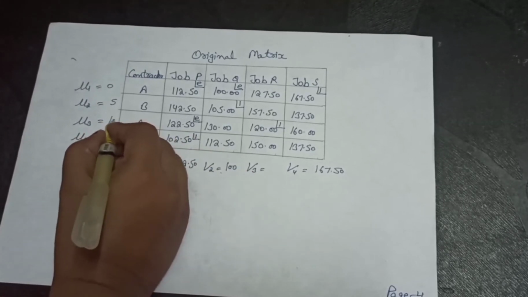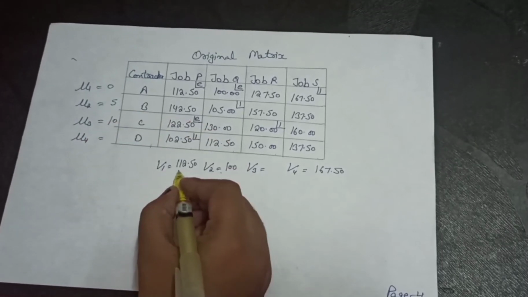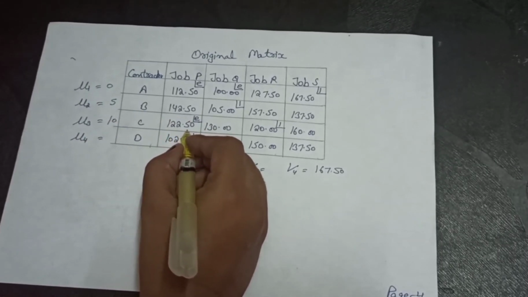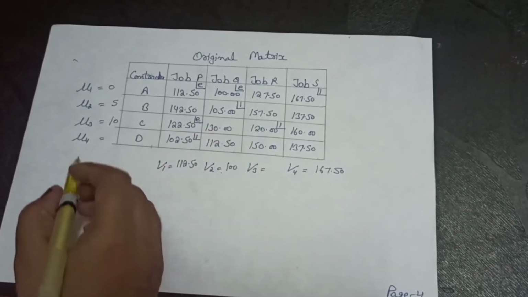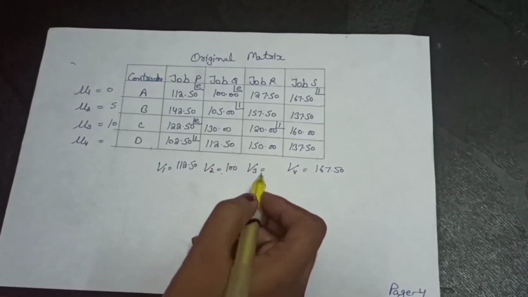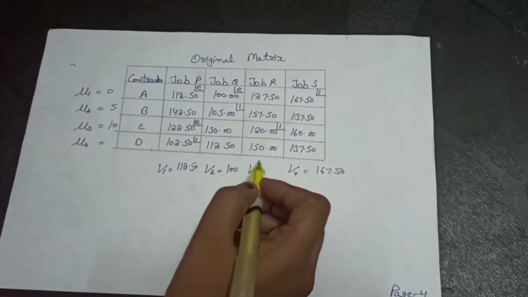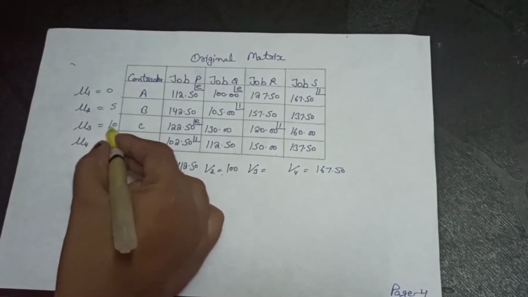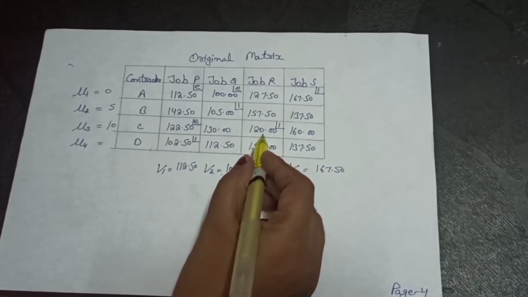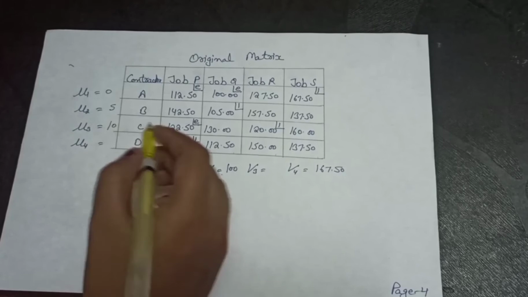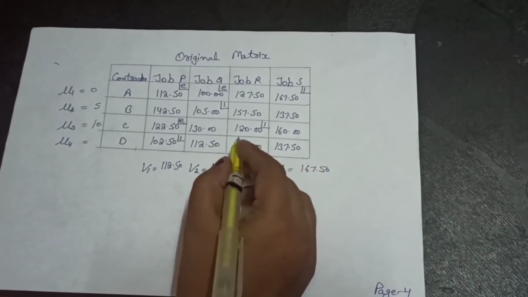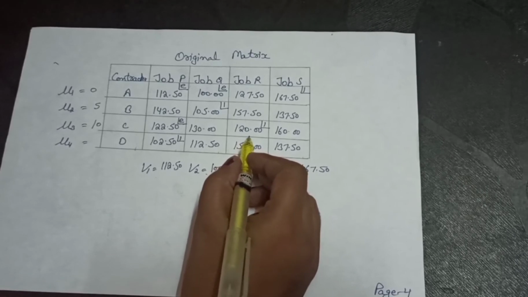We can write here 10 because 10 plus 112.50 is equal to 122.50. Now we will calculate the value of v3 because u3 plus v3 is equal to 120 and u3 is equal to 10, then v3 will be 110. 10 plus 110 is equal to 120.